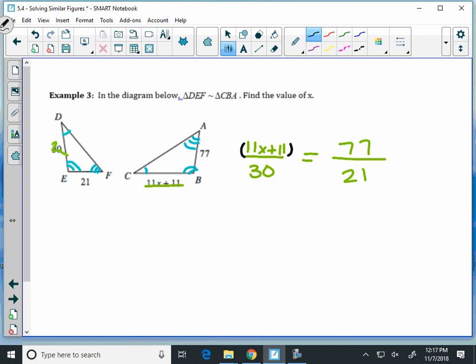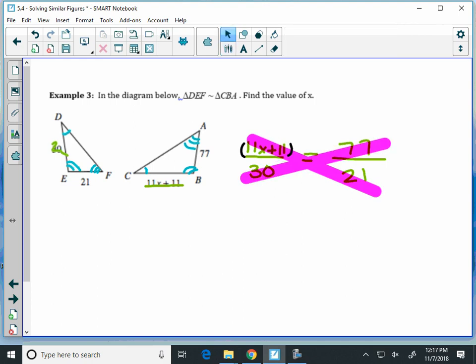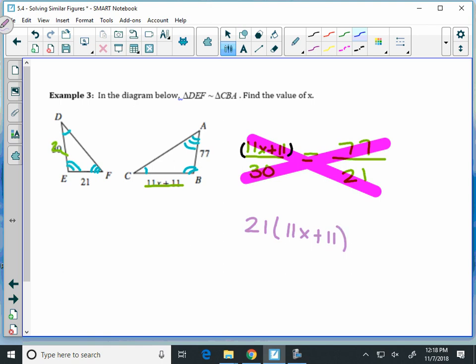The reason why we do that is because when we cross multiply, we're multiplying this entire thing, 11x plus 11, by 21. And that's equal to, what's 30 times 77? 2310. Good.